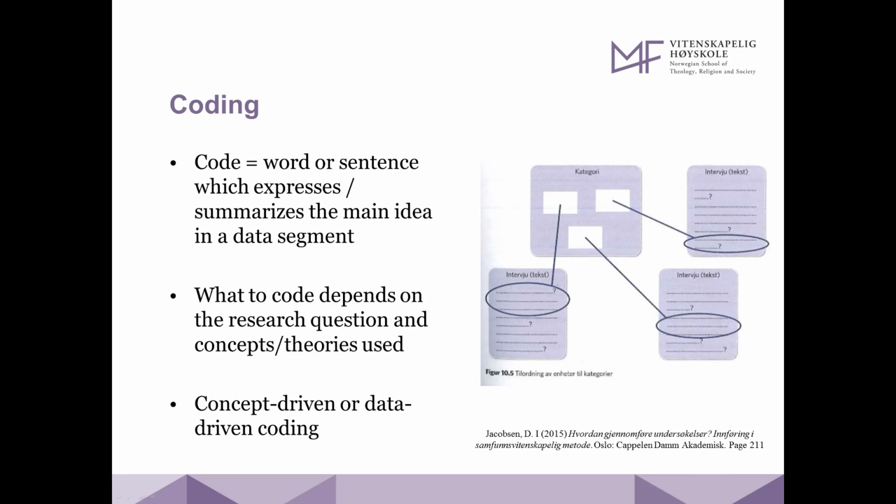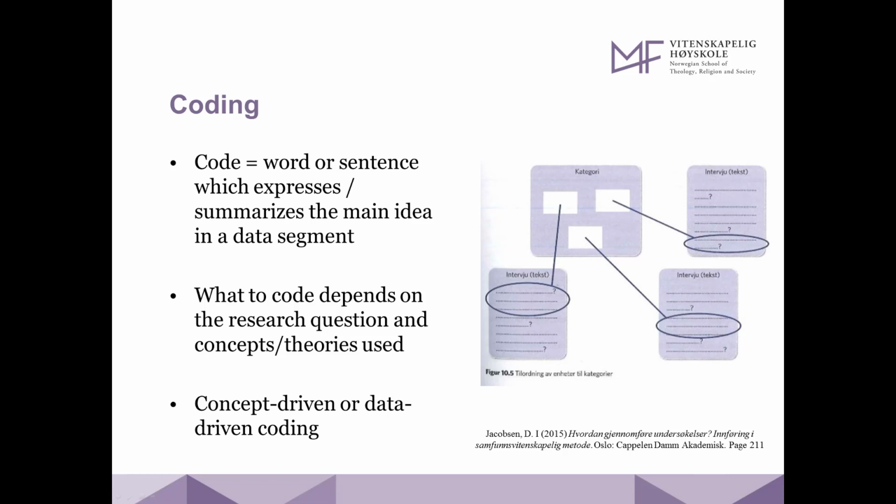And coding can be both concept-driven or theory-driven, or data-driven. So you can start in your data material and code based on what you see there, or you can start by using concepts or ideas based on the theories and literature that you've been reading that are useful for you in order to make sense of the data material. And you can use both the concept-driven and the data-driven type of coding at the same time, varying between the two.